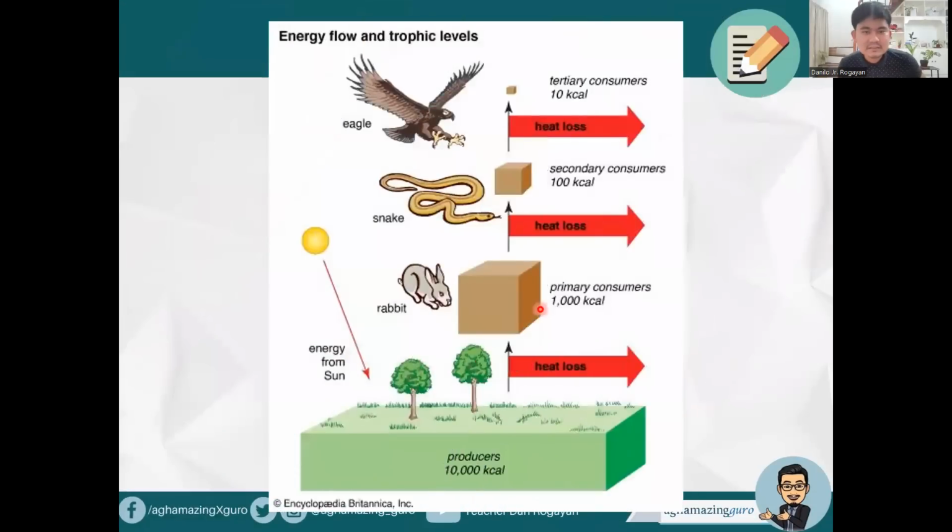Okay, next. We have already discussed that there is 10% energy transfer. If you are asked to compute in your majorship, we will deal with it. The mango tree, for example, the producer in the food chain, has 10,000 kilocalories of energy.